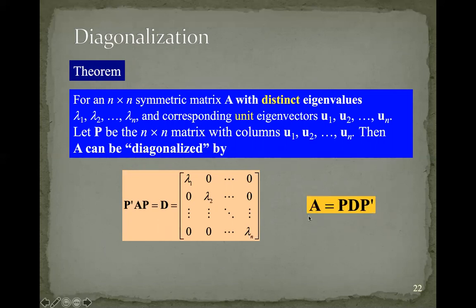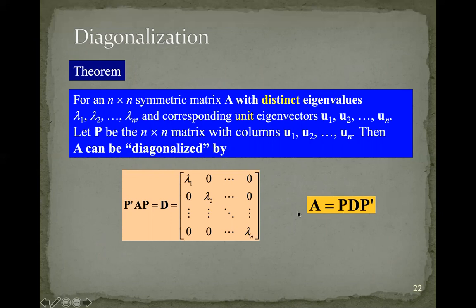So if that's the case, we can decompose our original matrix A into the eigenvectors matrix multiplied by the eigenvalues matrix and multiplied by the inverse, which is the transpose, of the eigenvectors matrix.